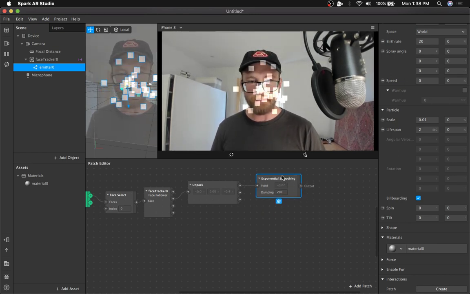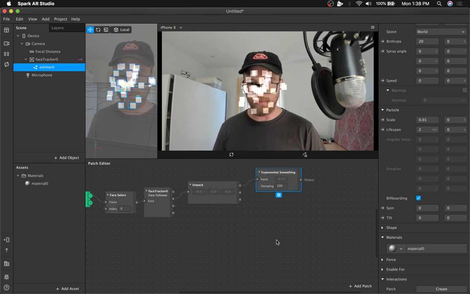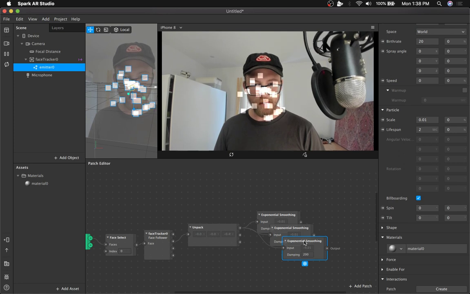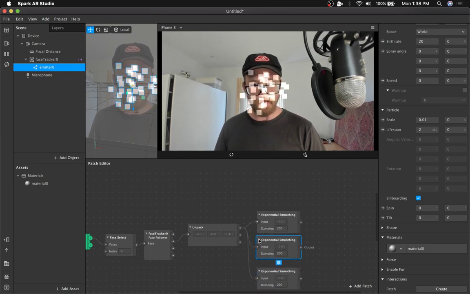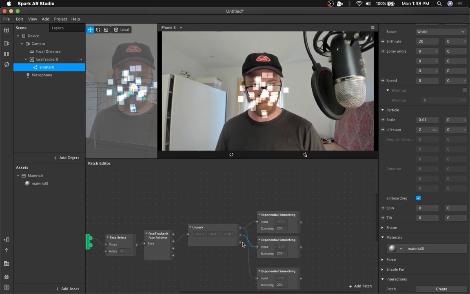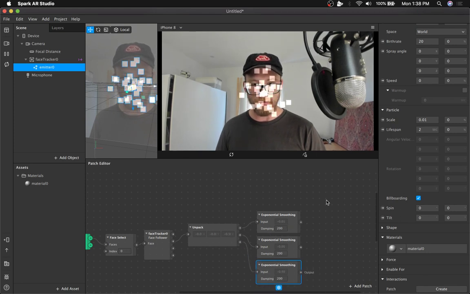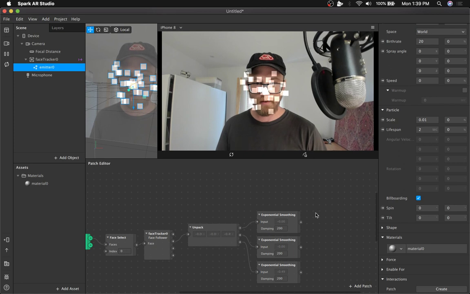So what do we need? Exponential smoothing is great, but it only does scalar values. It's kind of annoying. So you gotta break that out. And you can mess with the damping. I found that 200 is fine.